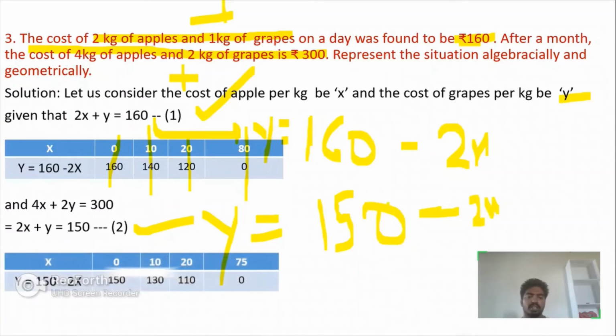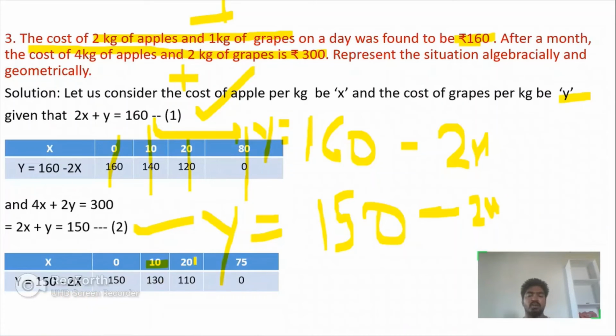So again, if I frame a table, if x is equal to 0, when I substitute x equal to 0 in the equation y equals 150 minus 2x, I get y equals 150 minus 0, which is 150. If I take x as 10, then y equals 150 minus 20, that is 130.